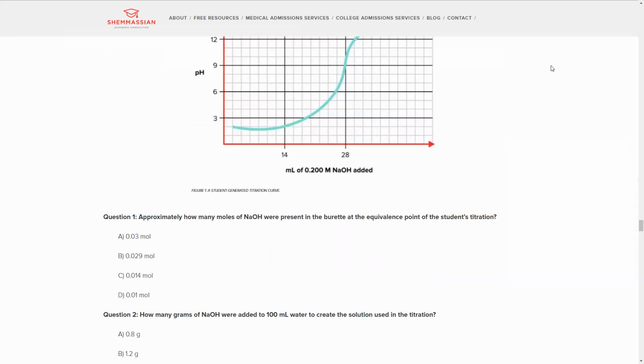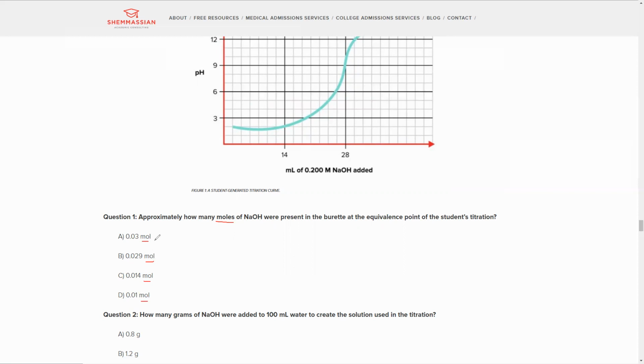titration? Okay, so what are we given and what do we need to get? First of all, we need to get moles. Another thing I forgot to mention, if you have multiple choice, your given is already in the multiple choice. I can clearly see what I need to get is moles.